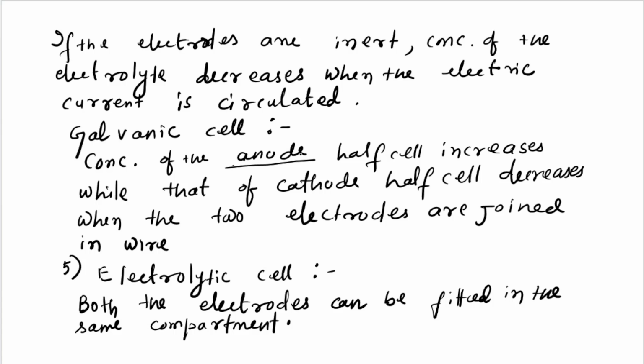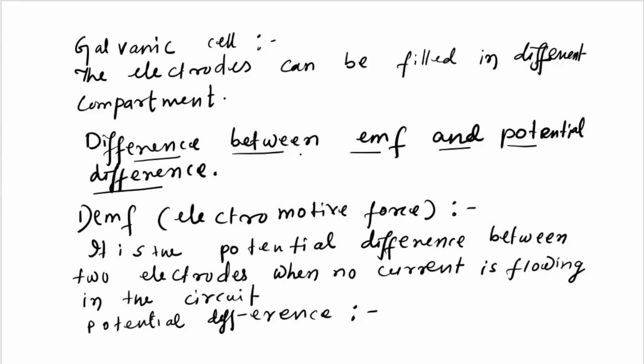Then fifth point: in electrolytic cell, both the electrodes can be fitted in the same compartment, in one same beaker. That means anode and cathode both are in the same compartment. But in galvanic cell, the cathode and anode can be fitted in different compartments.